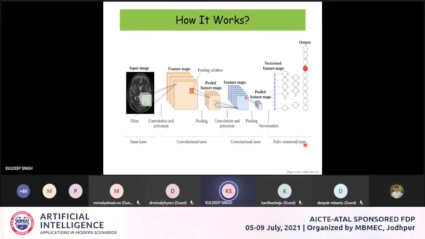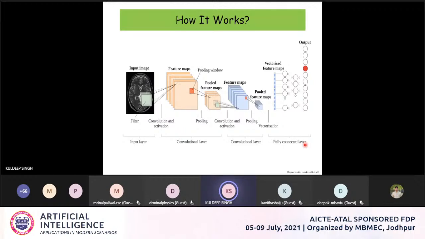So let's revisit again how the CNN does the task of medical image analysis. So we provide an input image. In this example, we have the MRI image. Different types of filters are applied in the convolution layer. So convolution and activation layers are combined here. Then the pooling layer, again the hierarchy of different types of layers, and finally we have the fully connected layer.